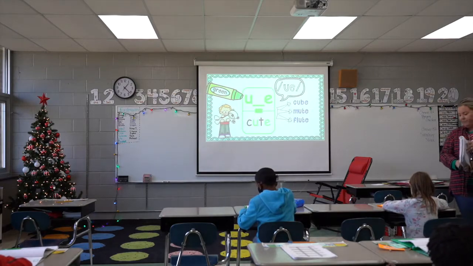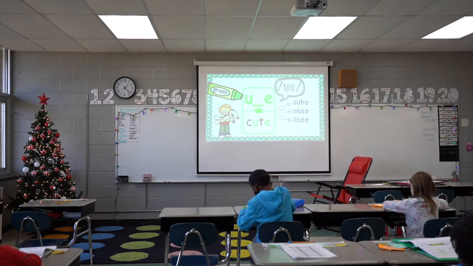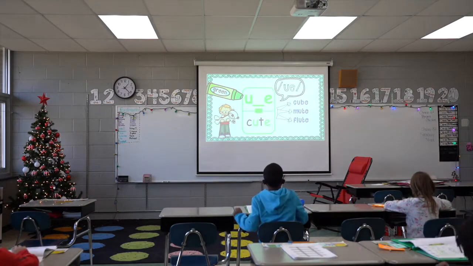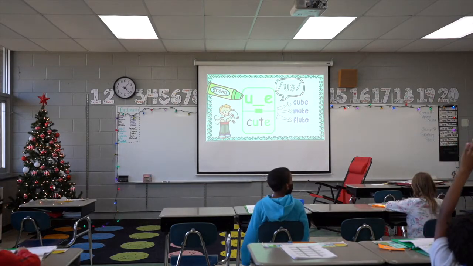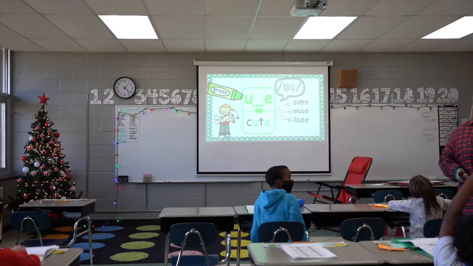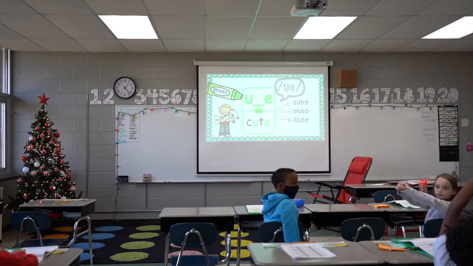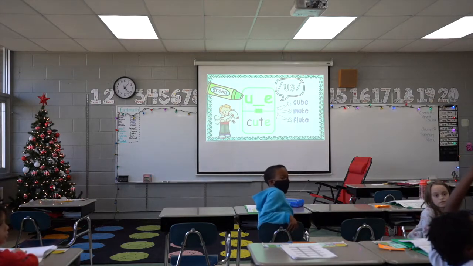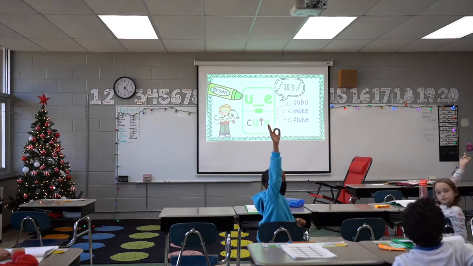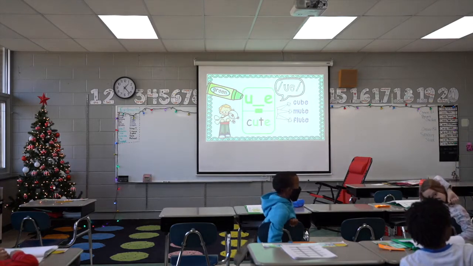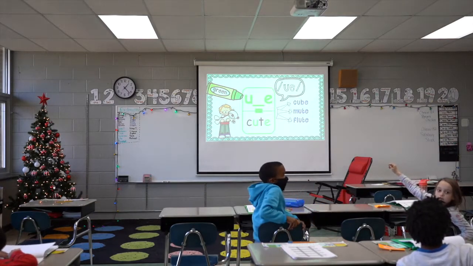Very good. And let's read these three words. Mute. Do you hear you? Cute. Do you hear you? What about flute? What do you hear in flute? You hear ooh, because there are two ways that you can say U. It can say you or ooh.